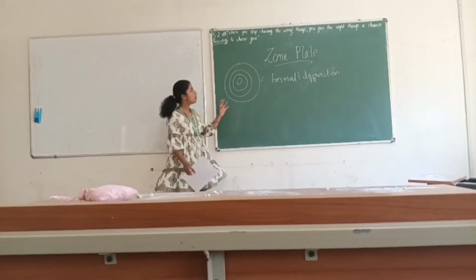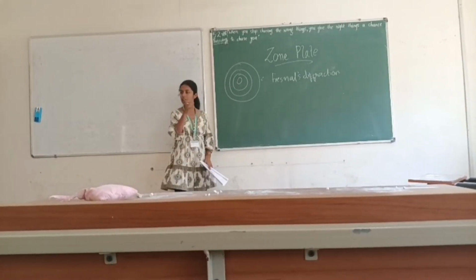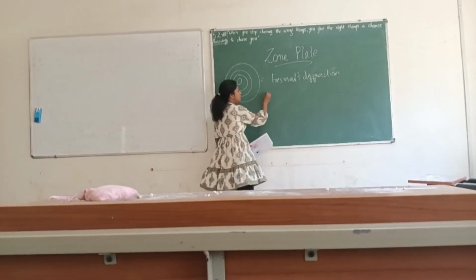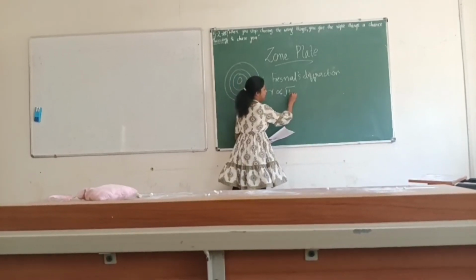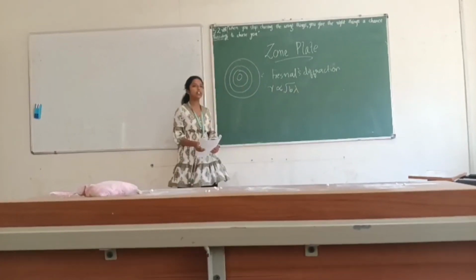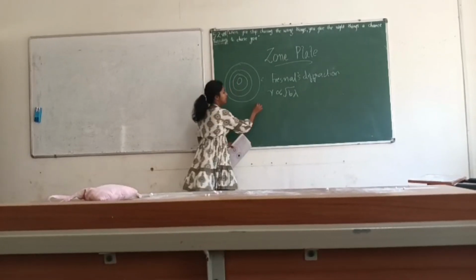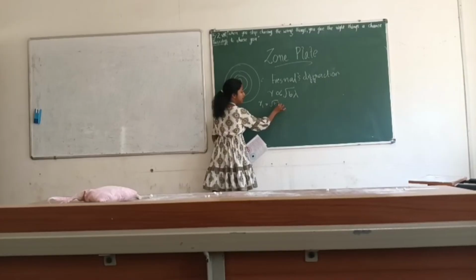What will be the radius of the first circle? We learned that in the last class: r is directly proportional to root of n lambda. So the radius of the first circle, r1, is equal to root of b lambda.